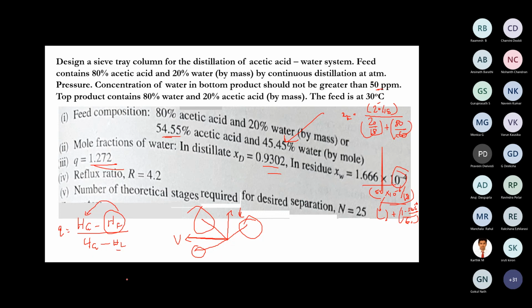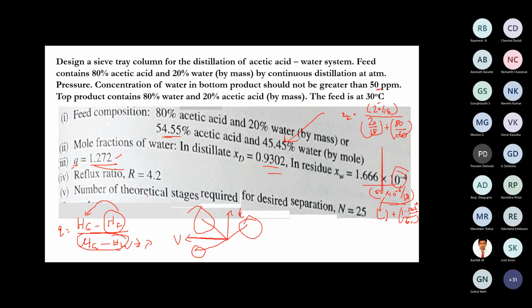This is your latent heat, because this will be saturated condition, this will also be saturated condition. That's why you call it lambda. So from this you can find out the value of Q. In this problem, the Q value is given directly, or you have to find out these values Hg, Hf, then find out the Q value.